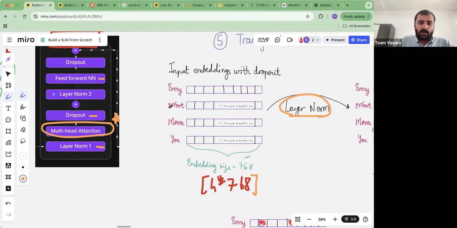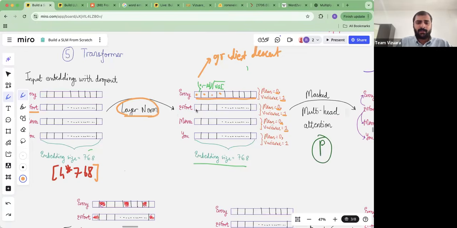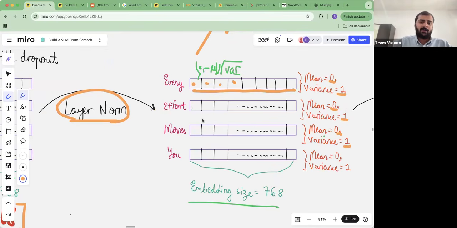For example, this token effort has no clue which tokens surround it. It has no clue of the context of other tokens which are surrounding it. It's just operating on its own. It got its position embedding vector, its token embedding vector, its input embedding vector. Even normalization is an operation where there is no interaction between neighbors.